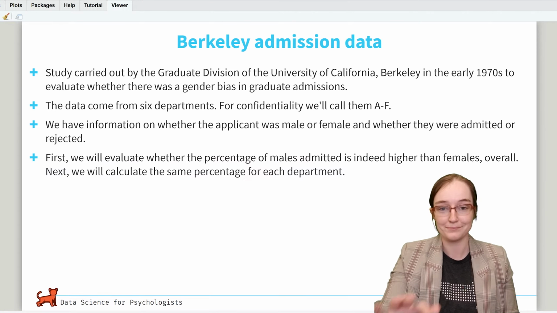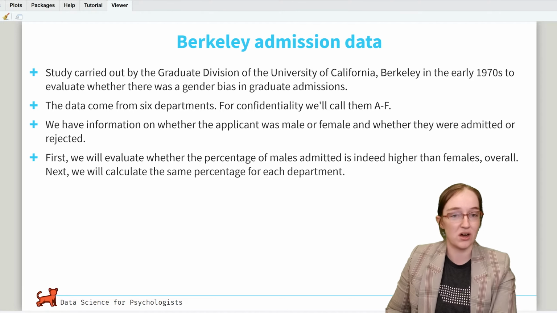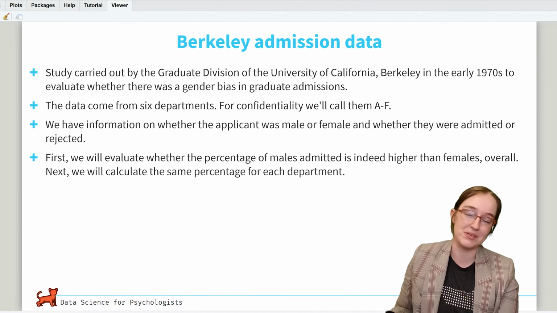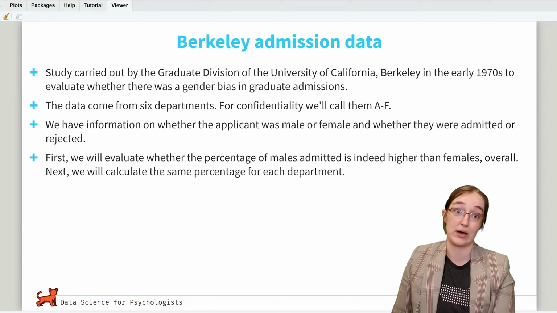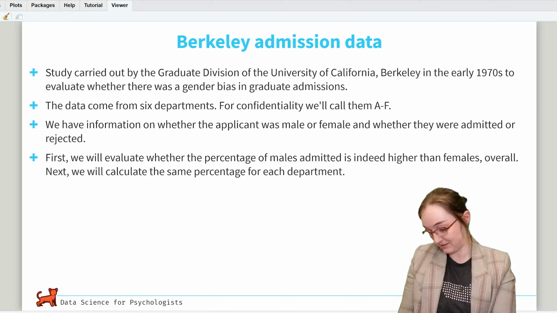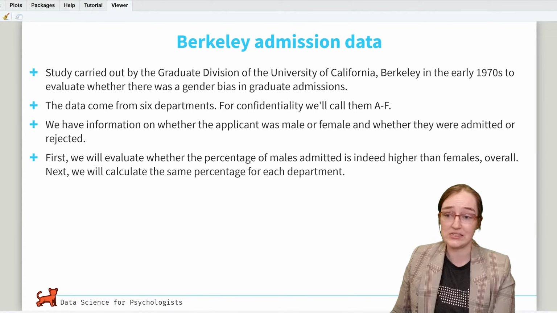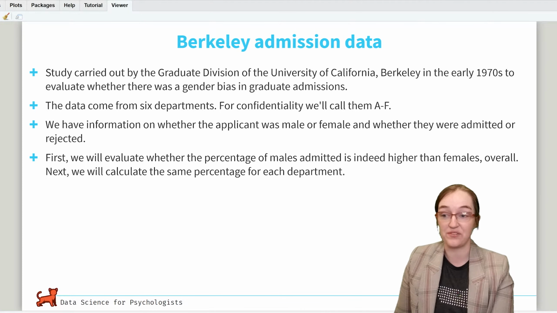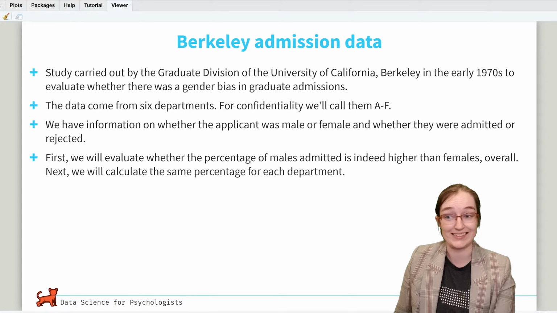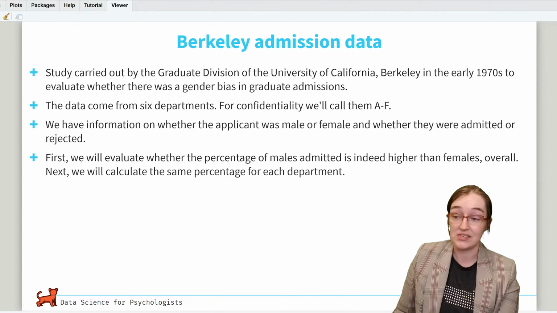Yep. Okay, so let's talk about this cool data. It's from the 70s, but it's a really classic example, so I would be very remiss if I didn't talk about it. This study was carried out by the graduate division at the University of California, Berkeley in the early 1970s to evaluate whether there was a gender bias in graduate admissions.